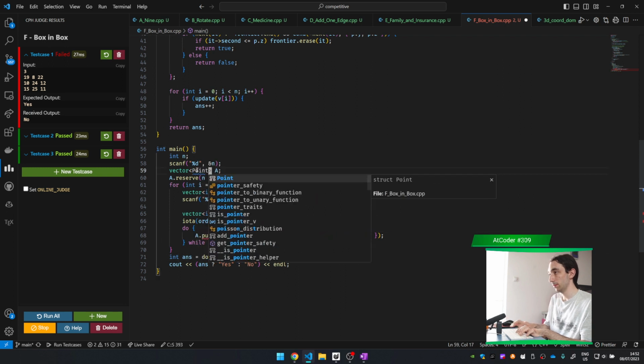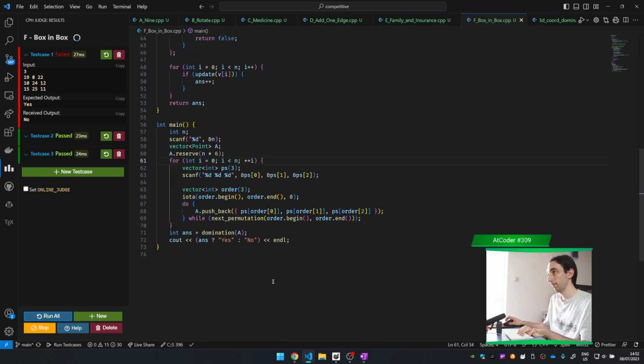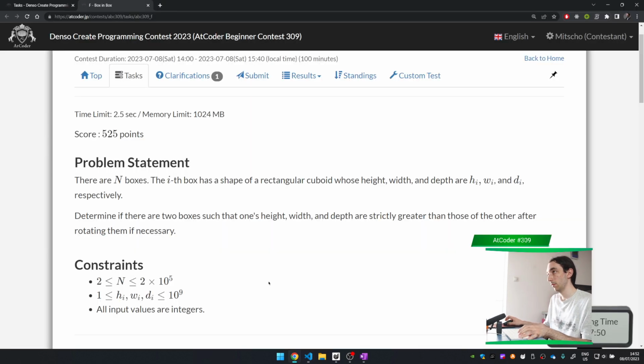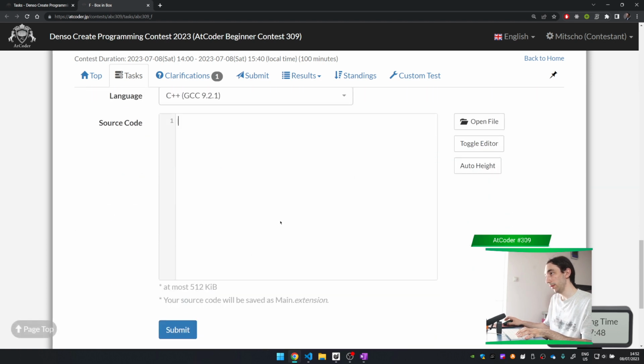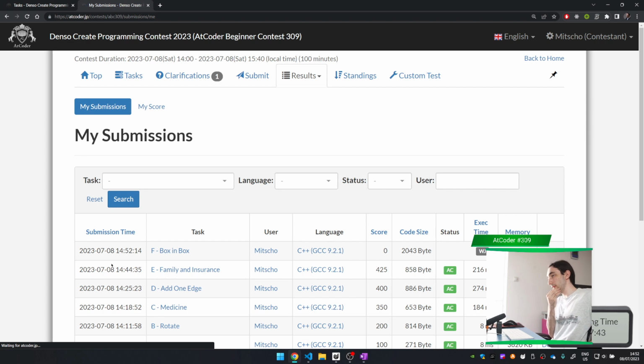Oh yeah, this is point. Okay, this works. I will explain at the end a little bit more about this, dominations and things. It should be fast enough.